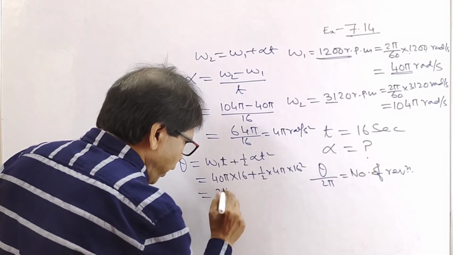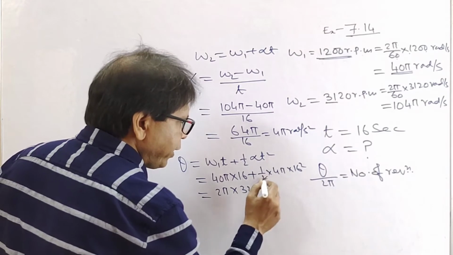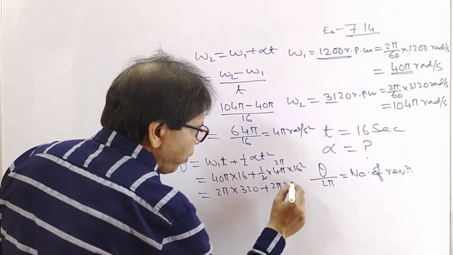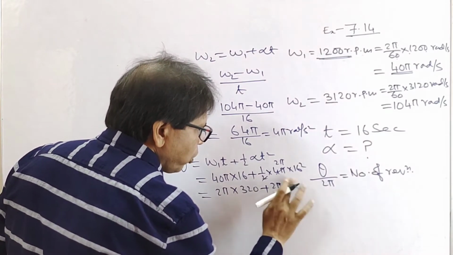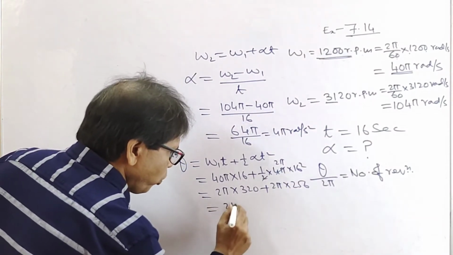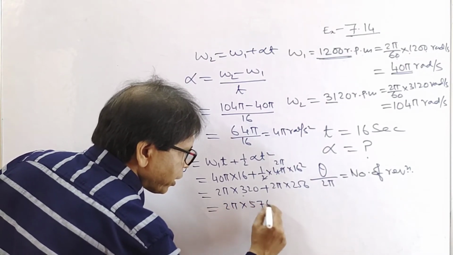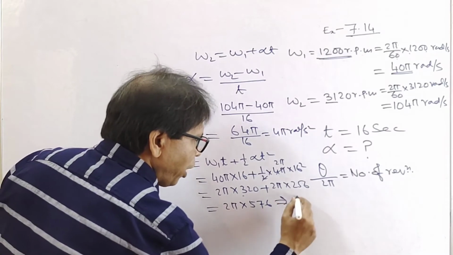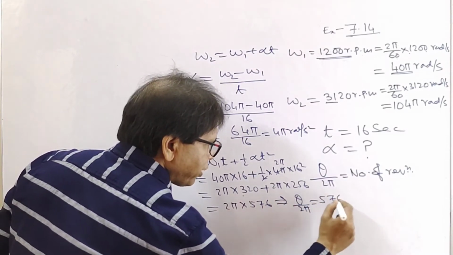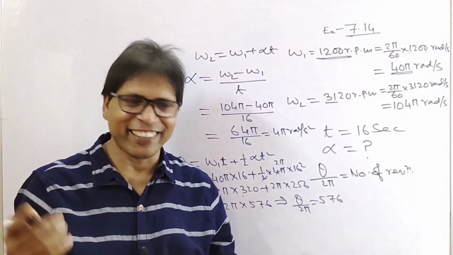This is 2 pi into 320 plus, the halves cancel out, 2 pi into 256. So this is 2 pi into 576. Therefore, the number of revolutions, theta by 2 pi, is 576. Okay, understood?